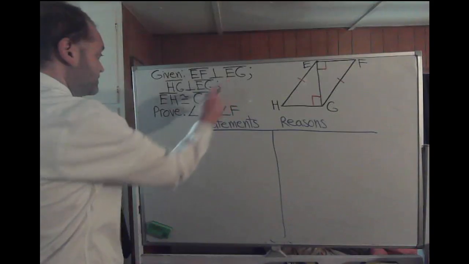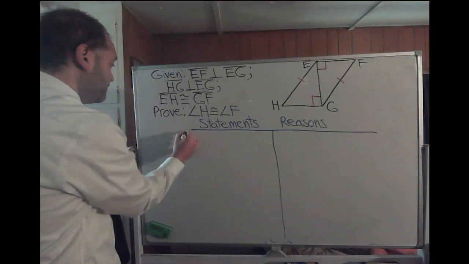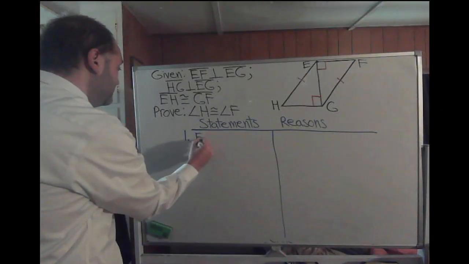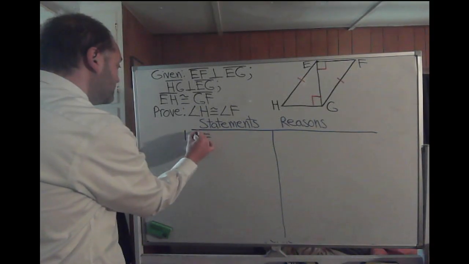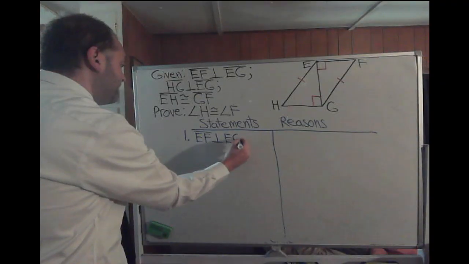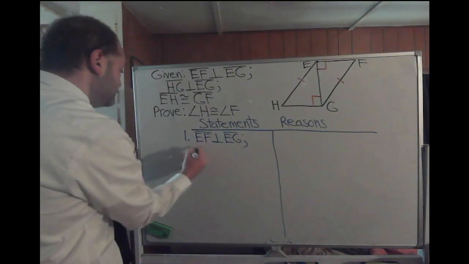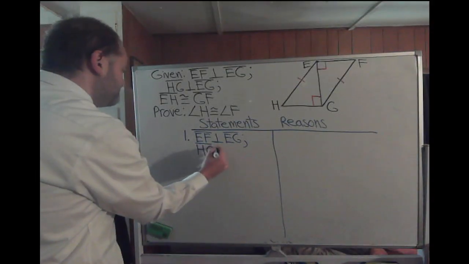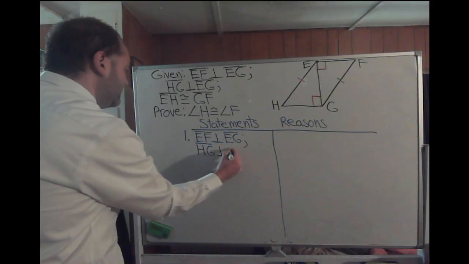Let's take the first two, we'll omit the third for our first part. So the first statement's going to be that EF is perpendicular to EG, as well as that HG is perpendicular to EG.